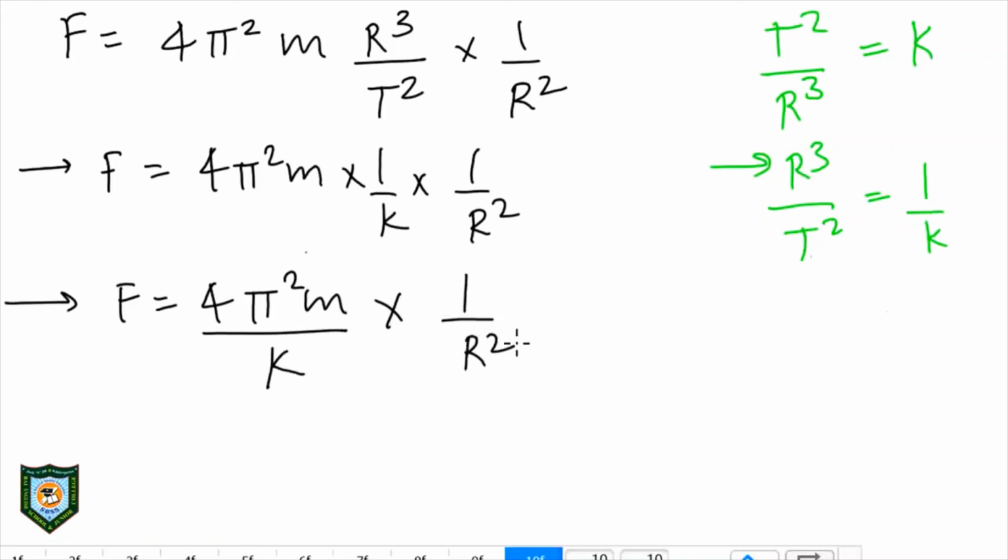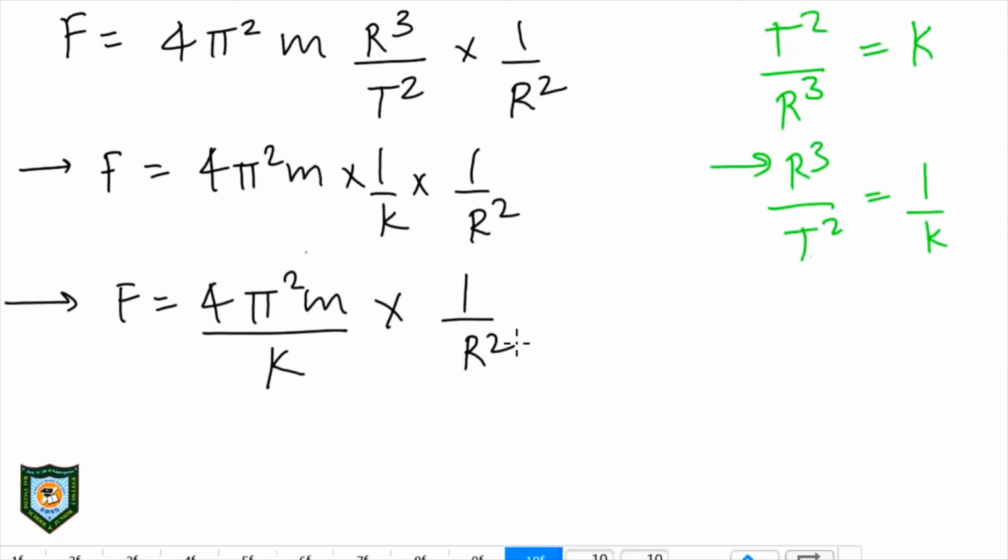Now the reason I have written this as it is, is because as we can observe, 4 is always going to be constant. The value for 4 will never change no matter where you go in the universe. Same case for pi. Pi value is 3.142857143. That value does not change wherever you go in the universe. Now coming to the mass of the object. When it rotates, its mass will never change if it's rotating in a circular motion.